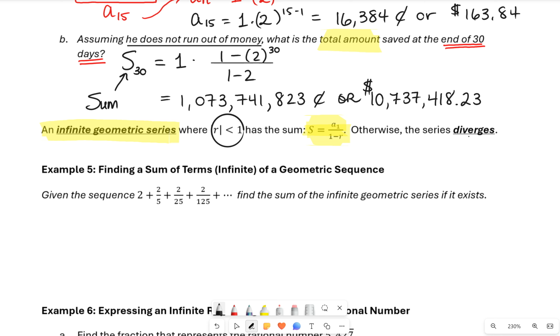If the absolute value of r is not less than 1, you are going to tell me that it diverges. The sum cannot be calculated. So for this formula, you would just ignore it. You can't use it.